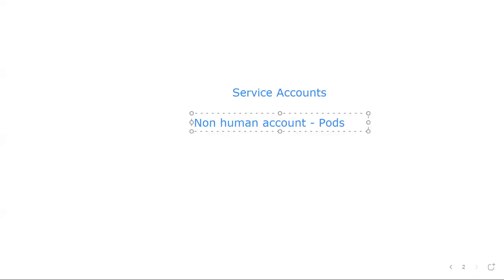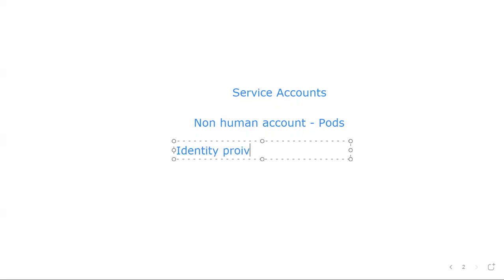For understanding user management, OpenShift also has identity providers like LDAP, OAuth, and Keystone. These are identity providers you can integrate.